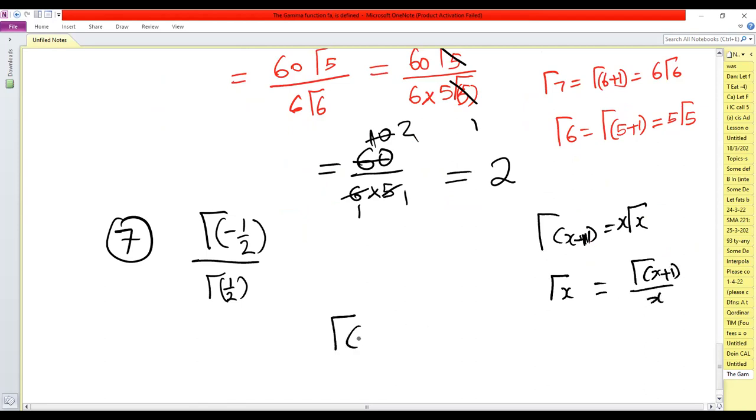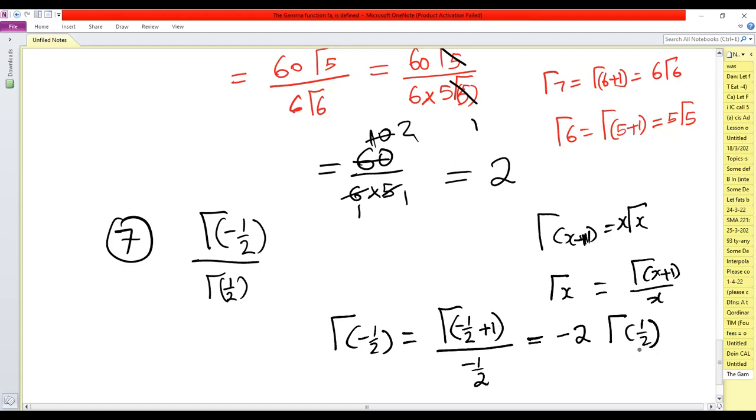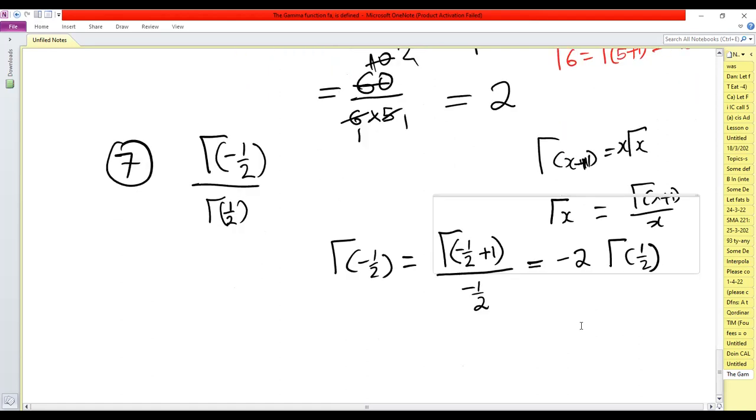So the value of gamma of negative a half is the same as gamma of negative a half plus 1 divided by negative a half. And this will give us negative 2. Gamma of negative a half plus 1 is gamma of a half. So therefore, where there's gamma of negative a half, we replace it by negative 2 gamma of a half.